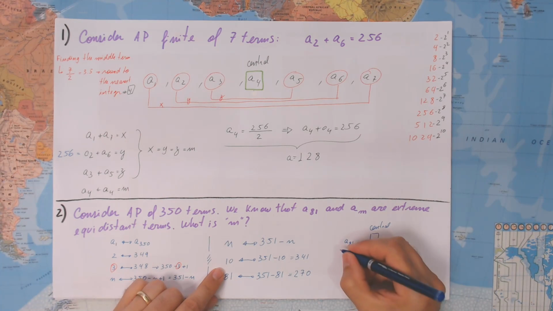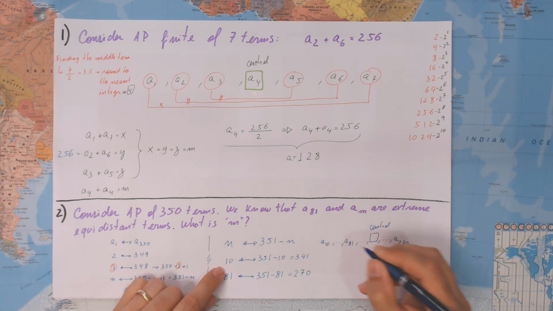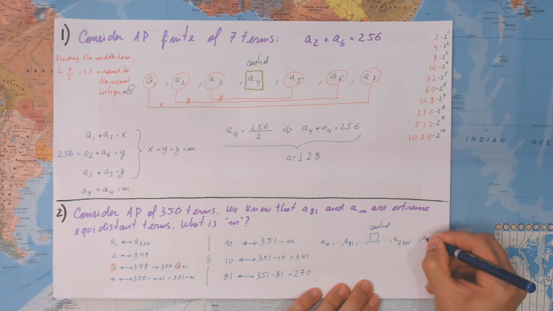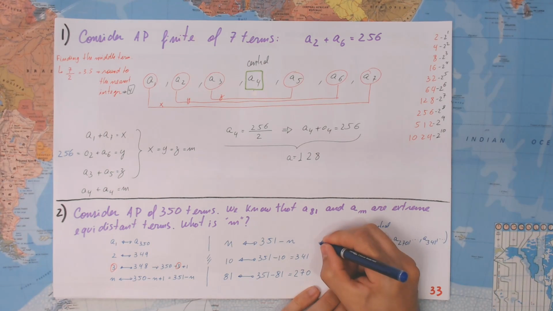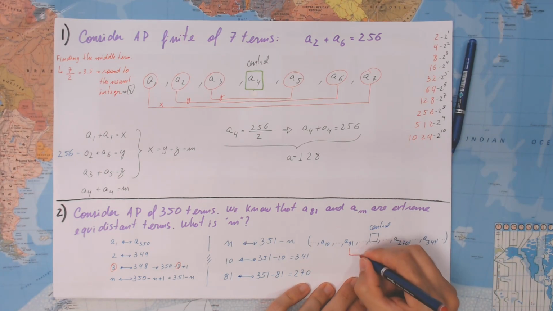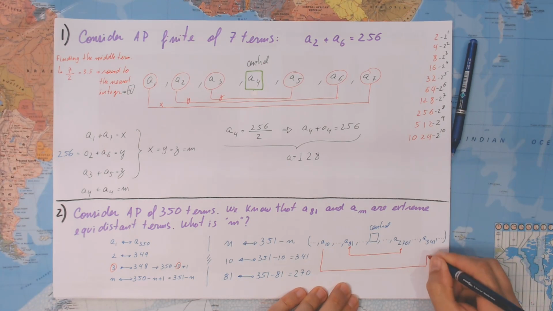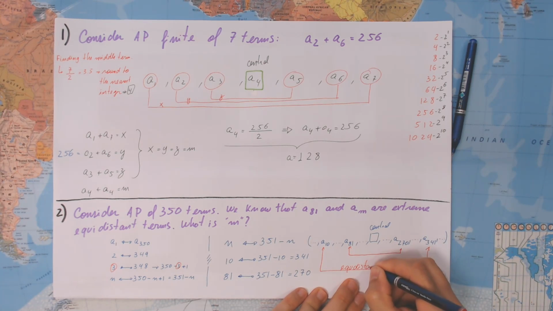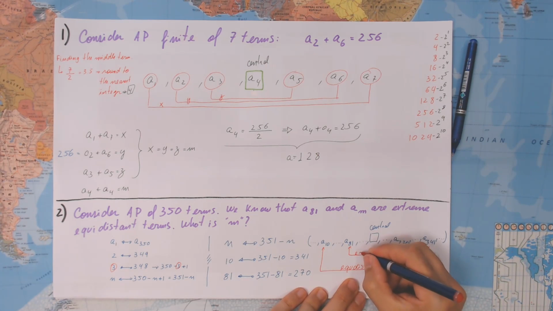In the same way, this would be like a10, and this would be a341, and so on. And those are equidistant in the same way as those are also equidistant terms. Okay, the same is here, right? Equidistant terms.